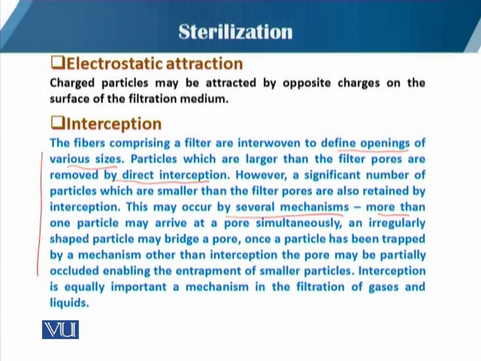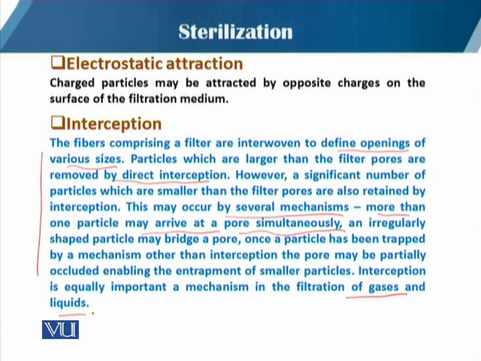More than one particle may arrive at the pore simultaneously. Irregularly shaped particles may bridge a pore. Once a particle has been trapped by a mechanism other than interception, the pores may be partially occluded, enabling the entrapment of smaller particles. So interception is an equally important mechanism in the filtration of gases as well as liquids.